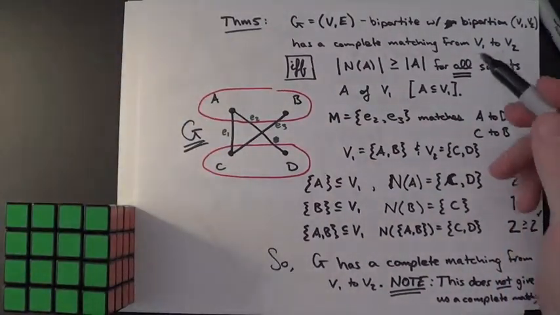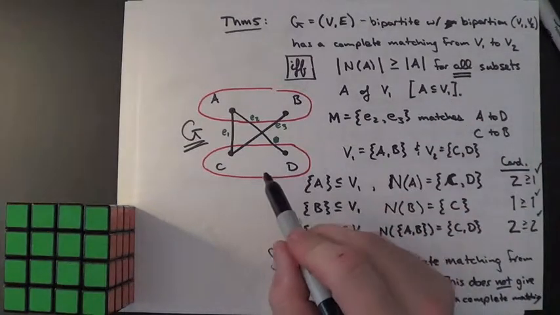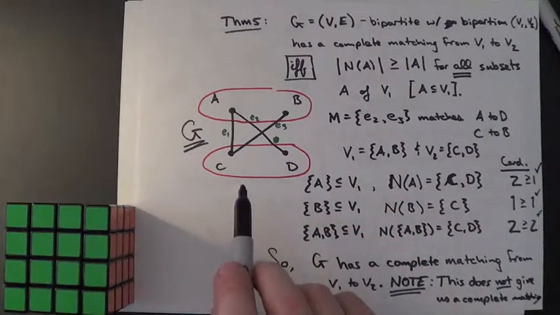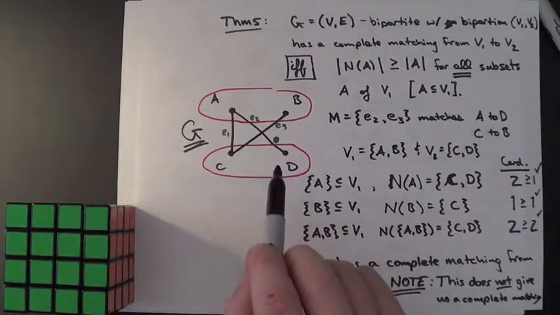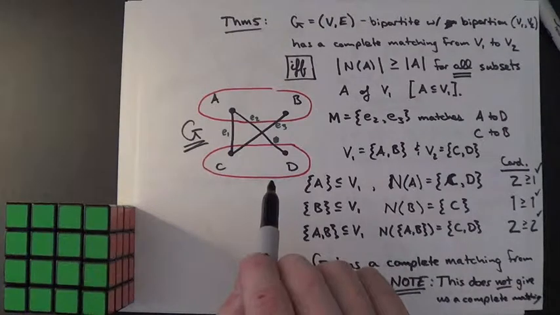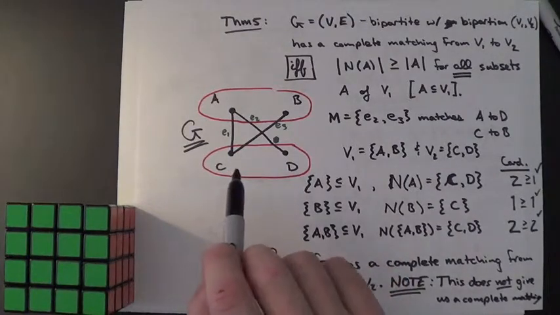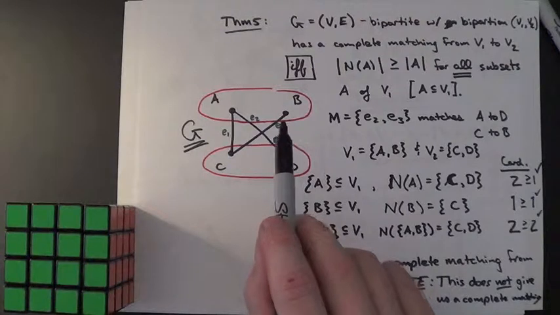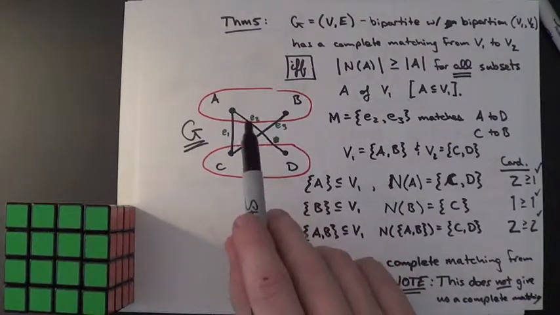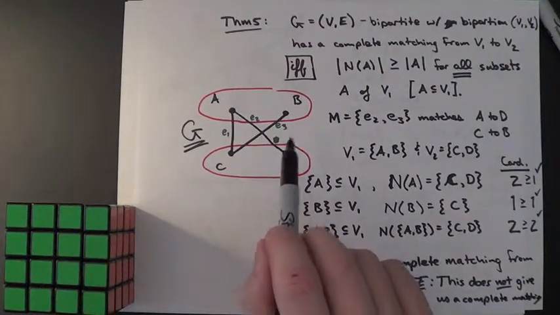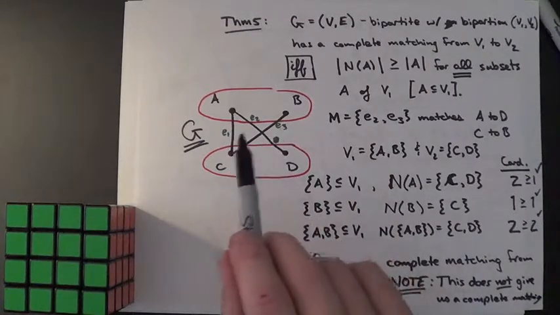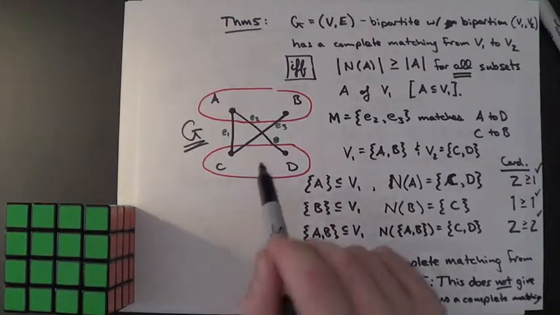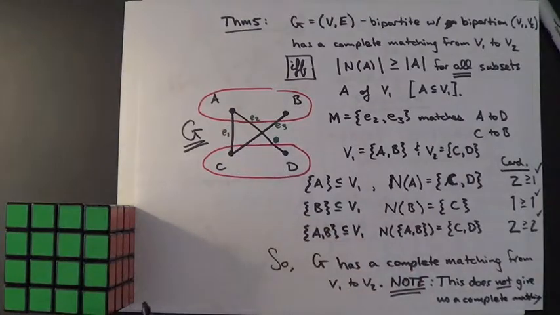If I look at this simpler example, I've got a matching here, E3 and E2. Well, that's pretty plain to see the way everything has been laid out here. I've got one partition at the bottom, one partition at the top, and E2 goes across the partitions, E3 goes across the partitions, neither of which contain the same vertex. So the idea is we need to cross the partition somehow.